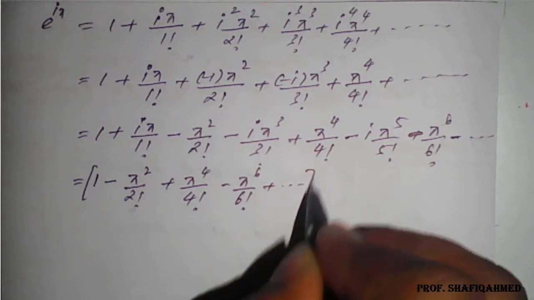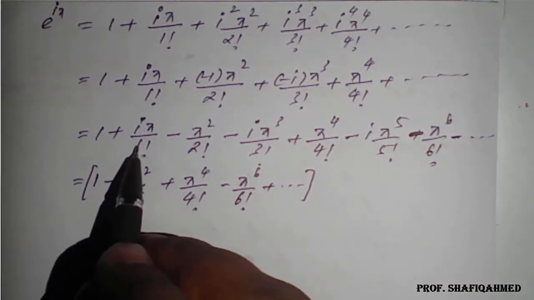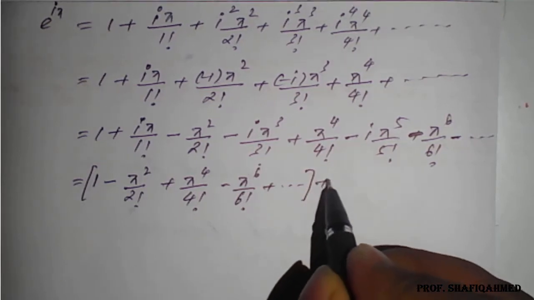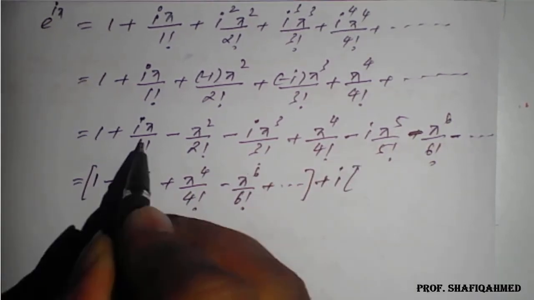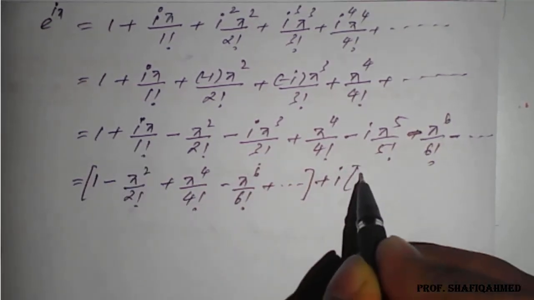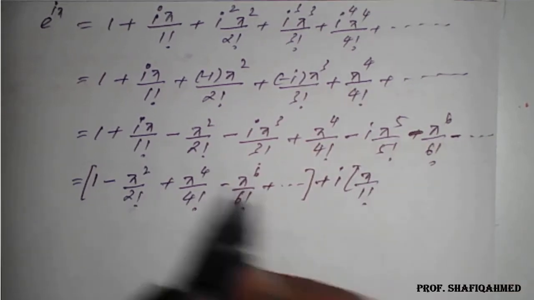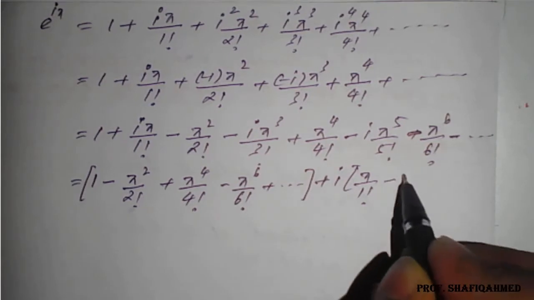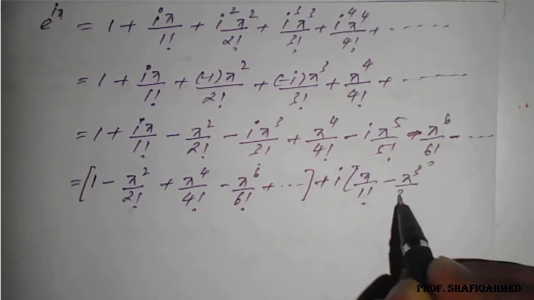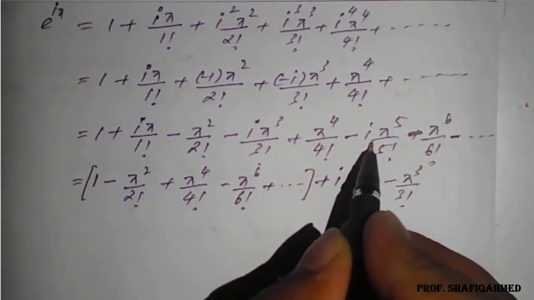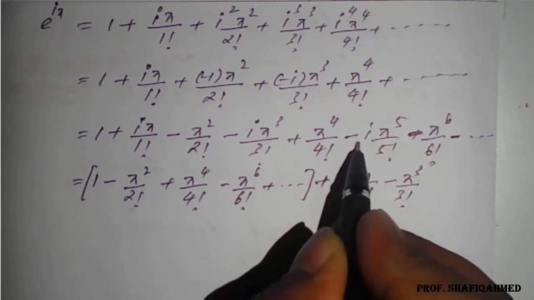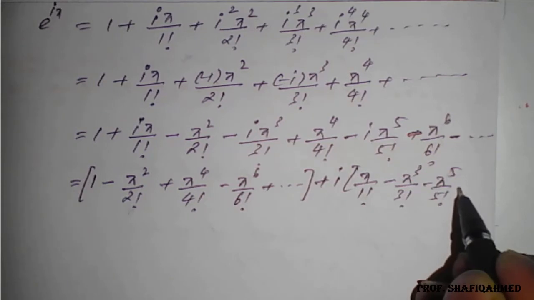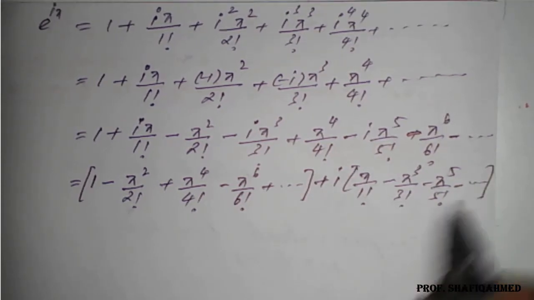We'll make one bunch here, and another bunch. Another bunch you will take with i, so plus sign, and we'll take i common. Among this, if you take i common, x divided by 1 factorial. Among this we have taken i common, so minus x cube divided by 3 factorial. Among this you take i common, so minus x raised to 5 divided by 5 factorial, minus and so on.